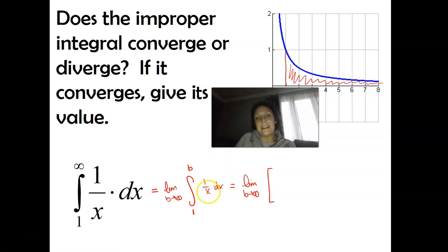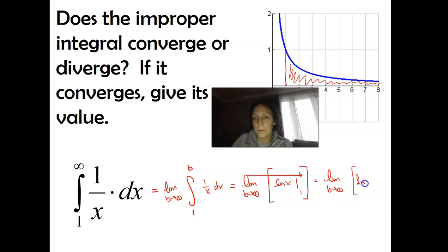Okay, the integral of 1 over x dx is the natural log of x, right? From 1 to b. So I have the limit as b approaches infinity of the ln of b minus the ln of 1.